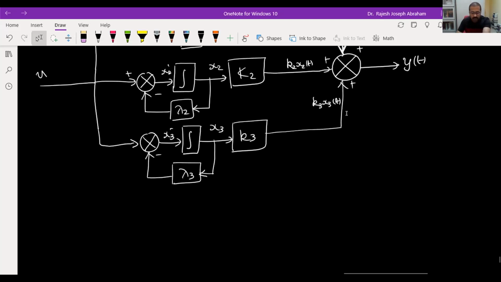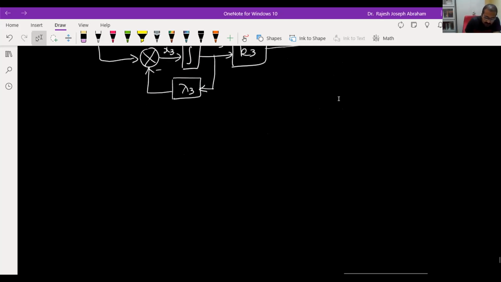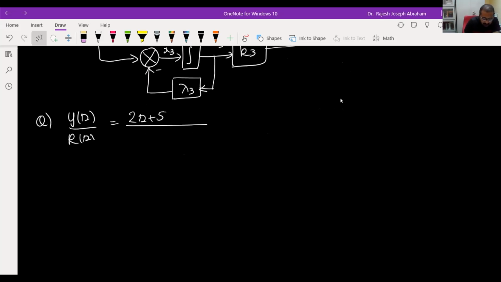Okay, now let us look into the next thing, or one example we'll try. Suppose you are given Y of s by R of s, or U of s, equal to 2s plus 5, the same example, divided by s square plus 7s plus 10. You need to obtain the diagonal canonical form.